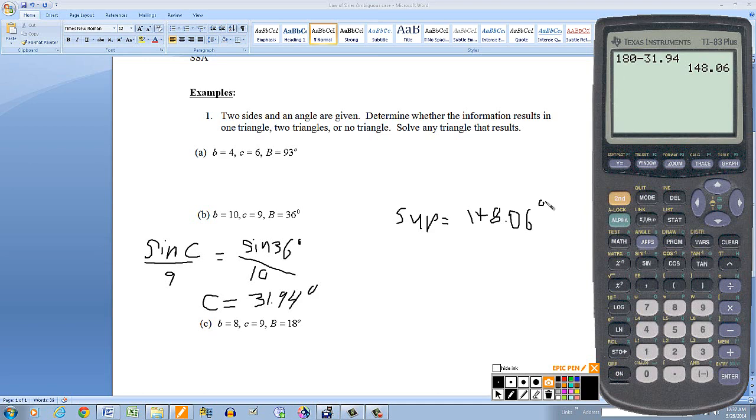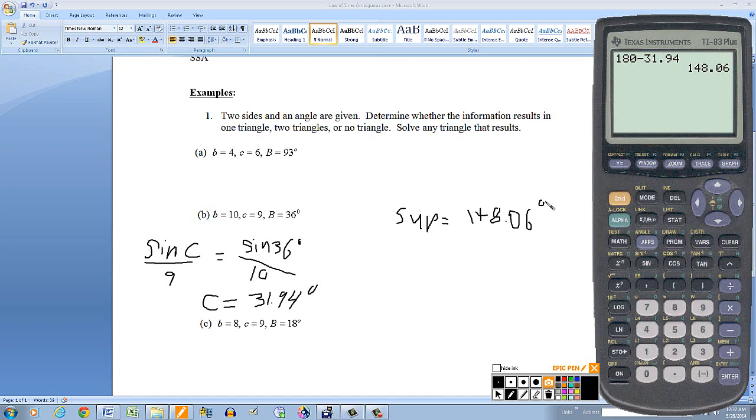Okay, so at this particular point, you're supposed to determine whether you're going to have one or two solutions. Obviously, we have one solution because we got 31.94 degrees for C. But is it possible that we have a second triangle? Well, if you have a second triangle possible, the supplement is also going to work. And again, you can refer to the previous video that I did for the justification. Here's what we said has to happen.